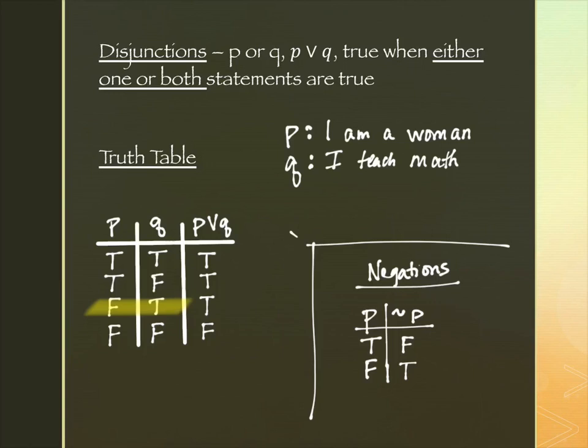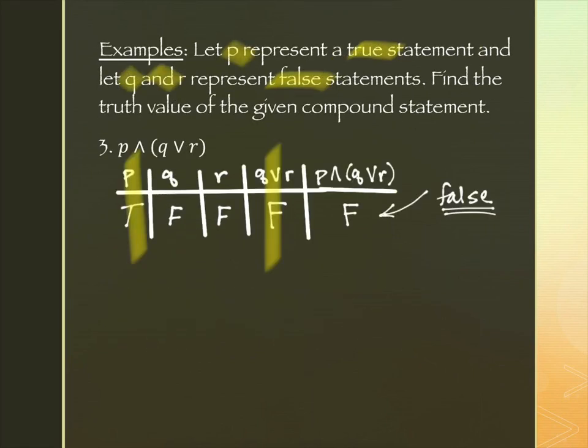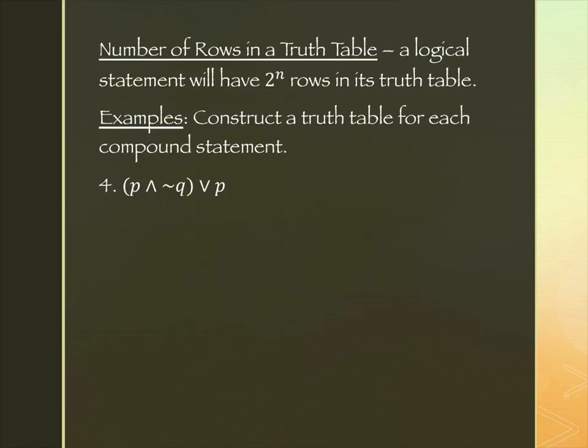If you end up with more than 2 statements, it becomes more difficult to figure out how many rows I need on my table. So there's actually a theorem associated with that. A logical statement with n component statements will have 2 to the power n rows in its truth table.